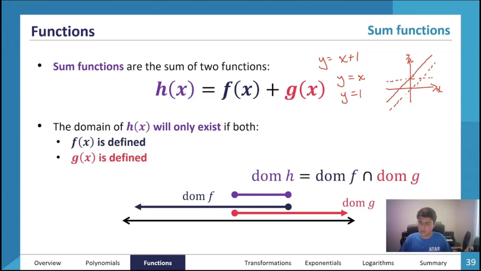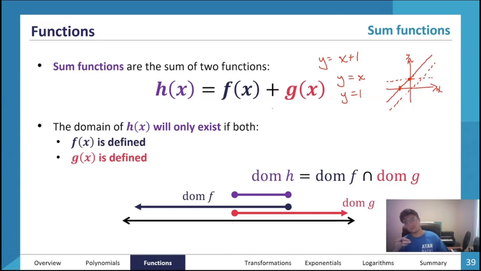Because we've got this y equals x, but we're raising all the values up by one value. So it shifts up, and we get something like that. And this aligns with our knowledge of linear functions in general as well, because y equals x plus 1 should have a y-intercept at y equals 1 and an x-intercept at x equals negative 1. So that's sum functions.